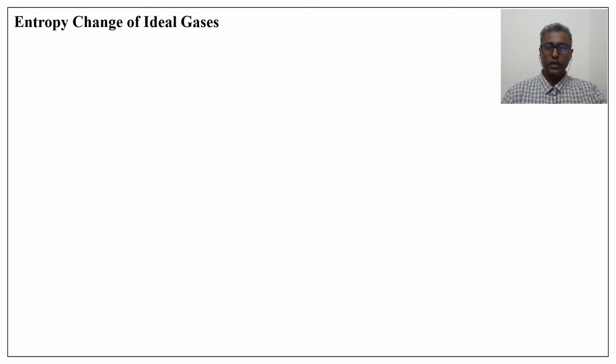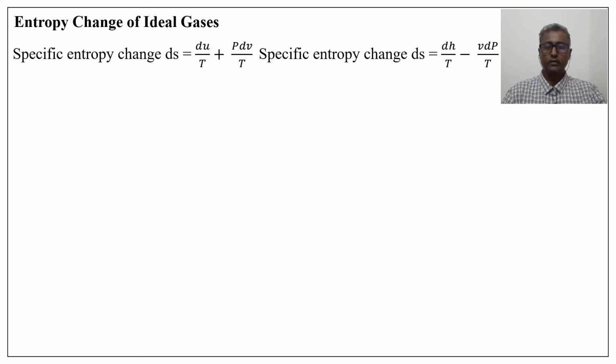For specific entropy, those equations are written like this, that means per unit mass: dS equal to dU by T plus PdV by T. So this v is specific volume, this u is specific internal energy, here h is specific enthalpy. So we get two equations.